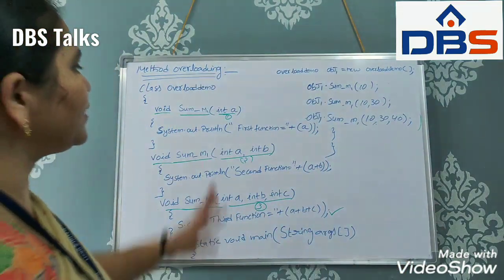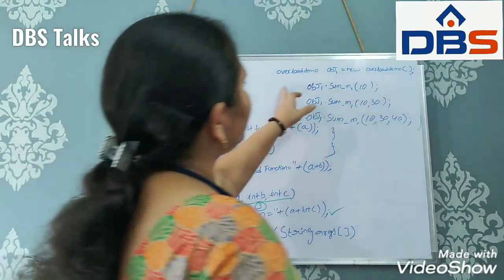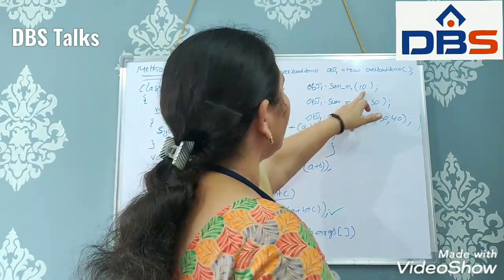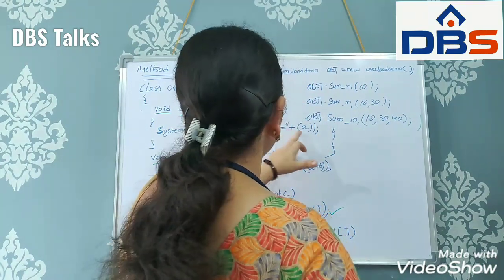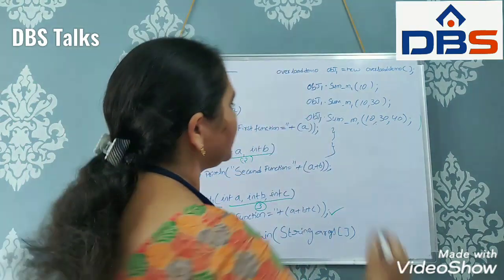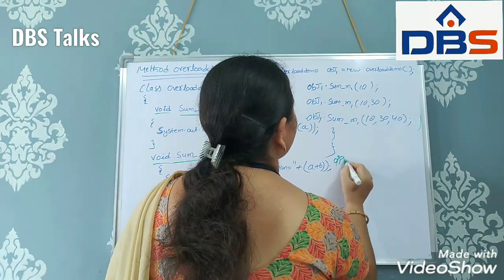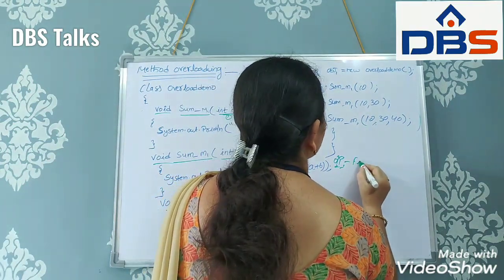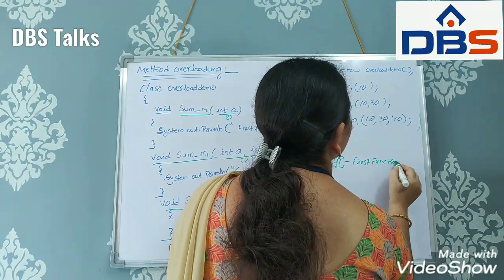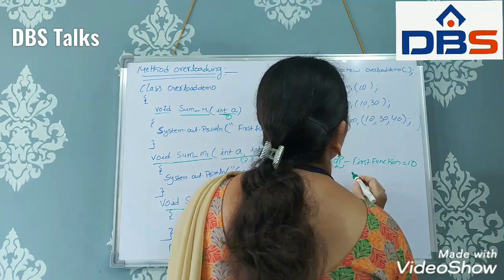So what will happen? According to this, it will execute the one argument statement. This is the one argument statement. So what is that output? We will get the output like this. First function is equal to 10.